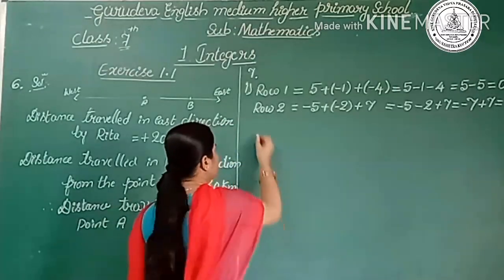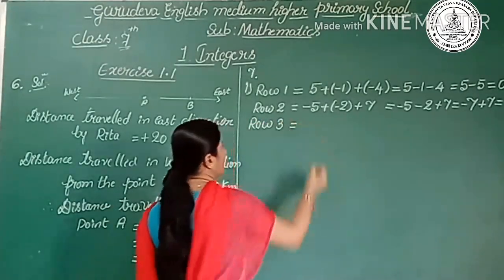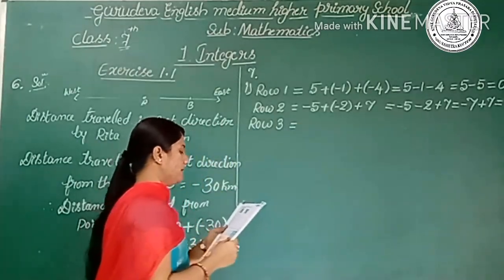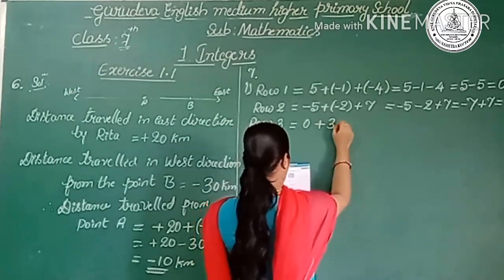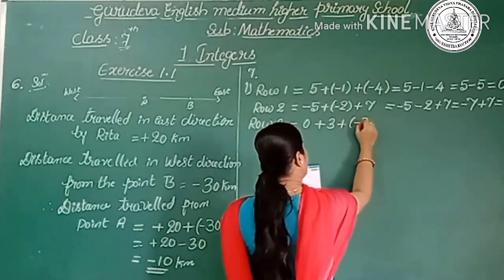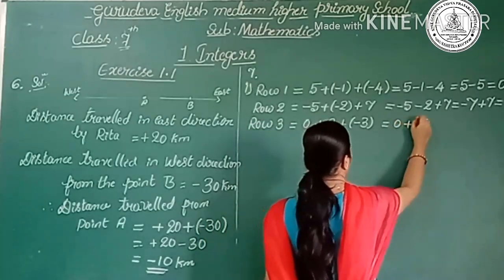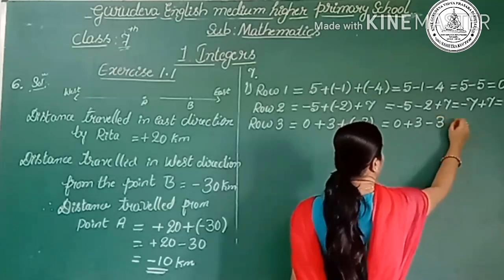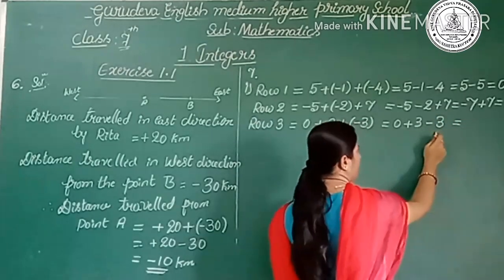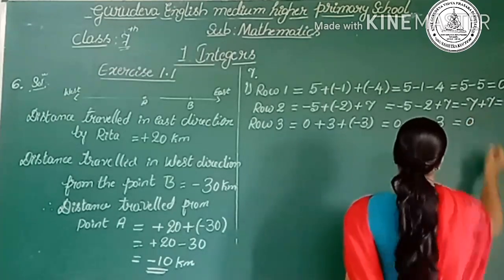Then let's see row 3. 0 plus 3 plus of minus 3, which is equal to 0 plus 3. Then remove the bracket, plus into minus is minus 3, which is plus 3 minus 3. Both are additive inverses, so the sum is 0.